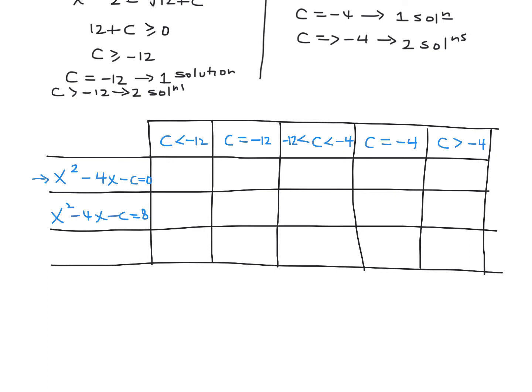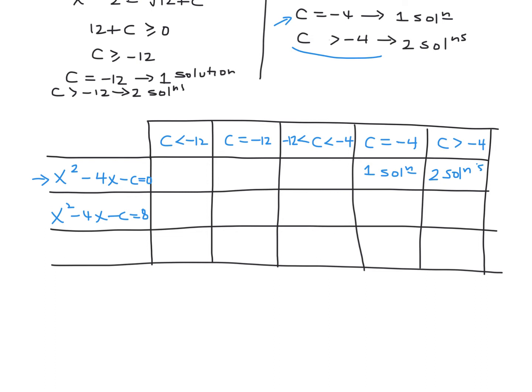Okay, so let's talk about this. So when we have this equation, when c is equal to minus 4, we have one solution. And when c is greater than minus 4, we have two solutions.